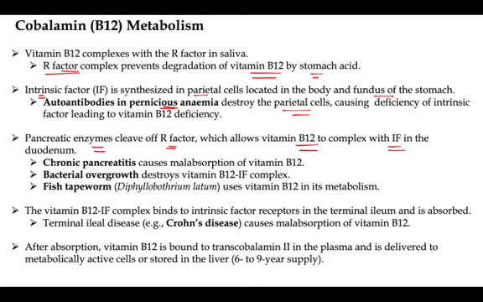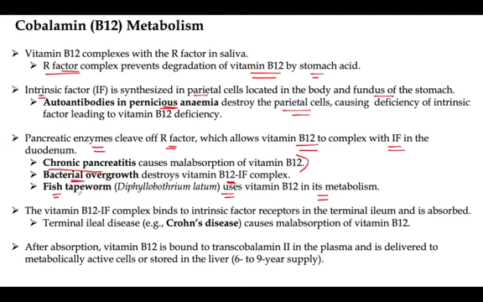So if the person is suffering from chronic pancreatitis, where there is insufficiency of pancreatic enzymes, there is malabsorption of vitamin B12. Similarly, bacterial overgrowth destroys the B12-IF complex, and this may also lead to deficiency of vitamin B12. Further, fish tapeworm uses vitamin B12 in its metabolism.